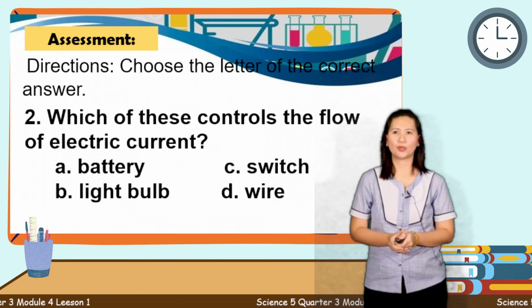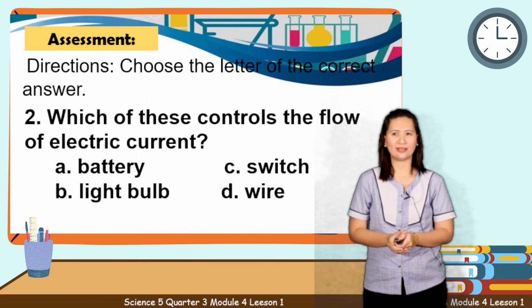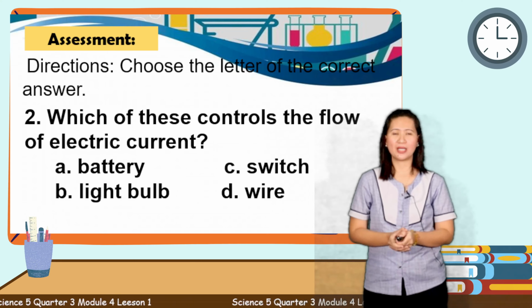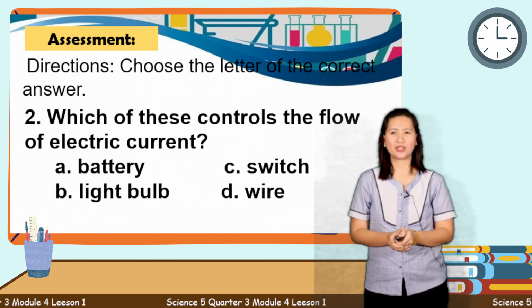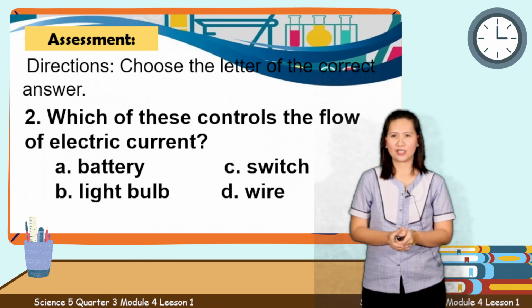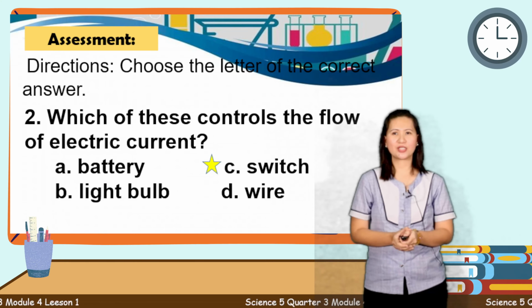Number 2. Which of these controls the flow of electric current? A. Battery. B. Light bulb. C. Switch. D. Wire. The answer is letter C, switch. It controls the flow of electric current.